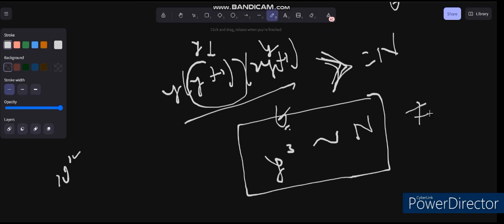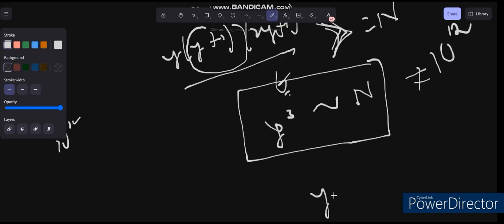So for the maximum, in the worst case, n is equal to 10 to the power 12, right? So y will become 10 to the power 4. Okay.